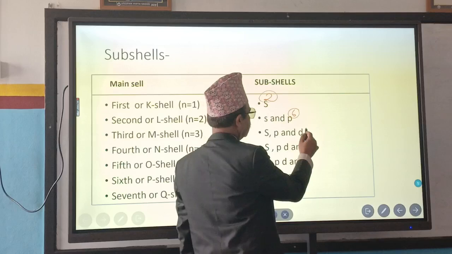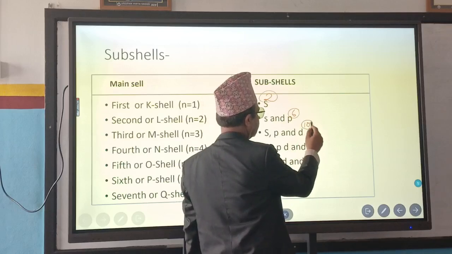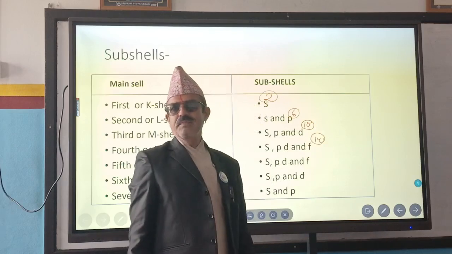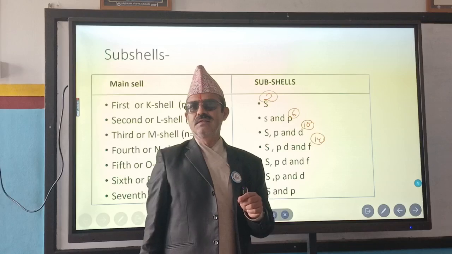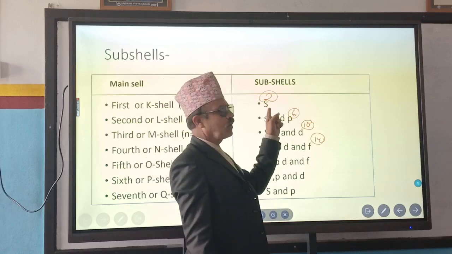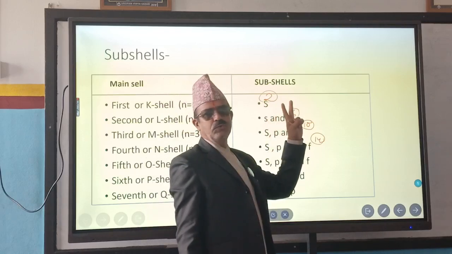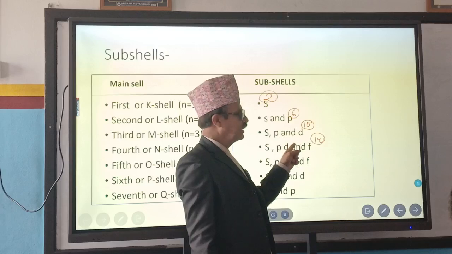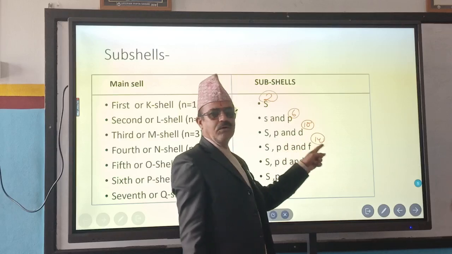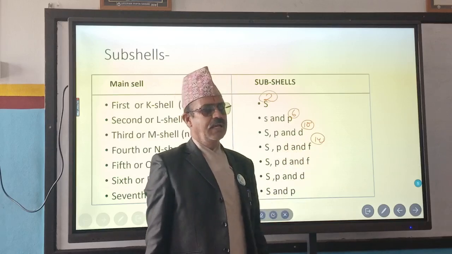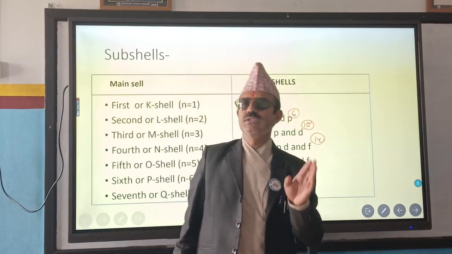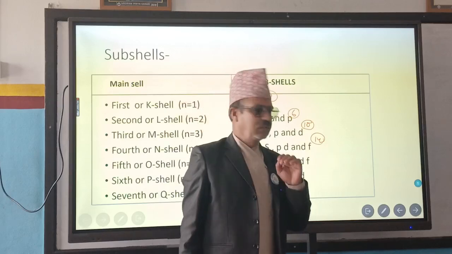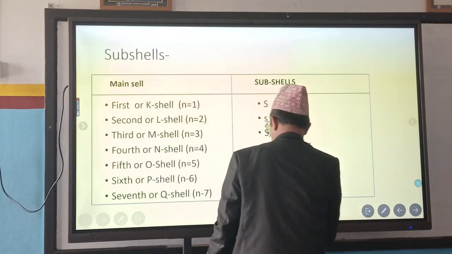In D, how many? 10. In F, how many? 14. It shows how many S block groups there are: 2 S block groups. P block 6, D block 10, F block 14. SPDF: 2, 6, 10, 14. Now children, I will show you the blocks also.